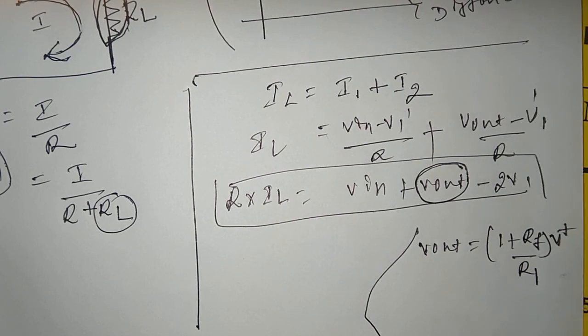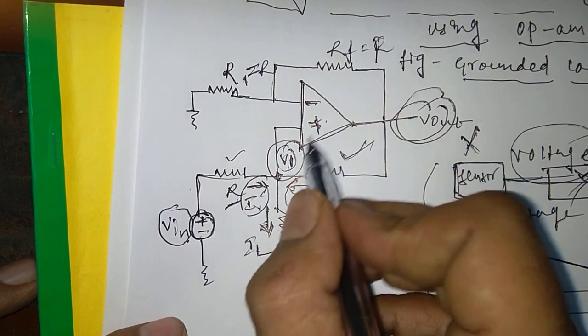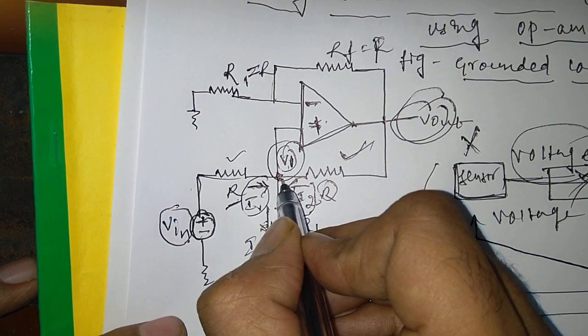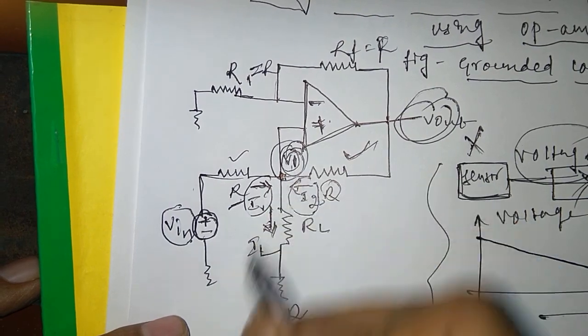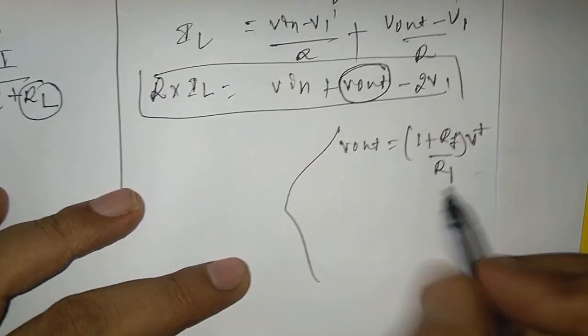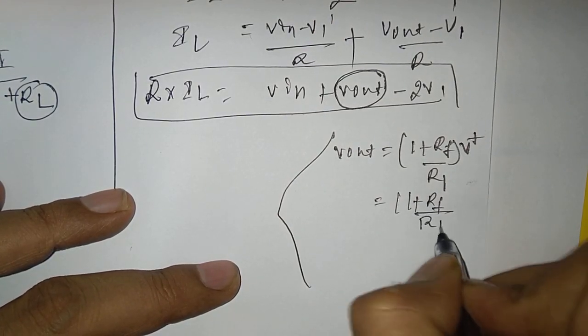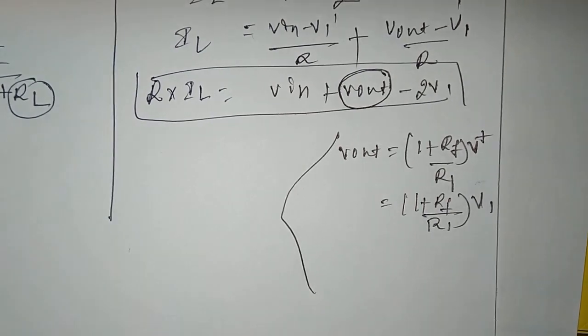What is the meaning of this V plus? V plus is nothing but the voltage at this point, to which the positive terminal is connected. V plus is nothing but V1, correct? So now what happens? (1 plus RF by R1) into V1, right?